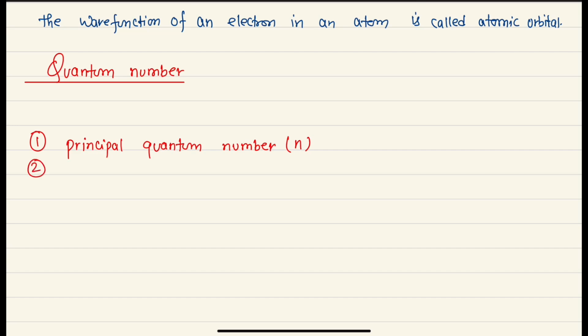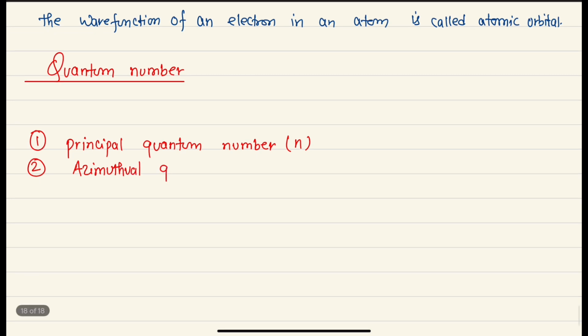The second quantum number is the azimuthal quantum number, and that is denoted by a small l.